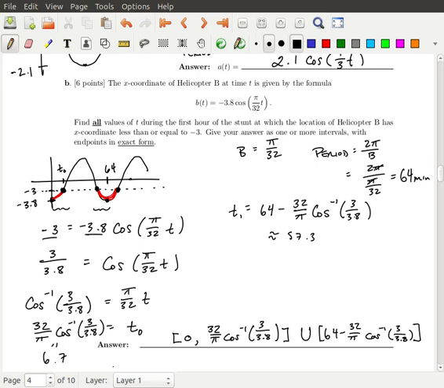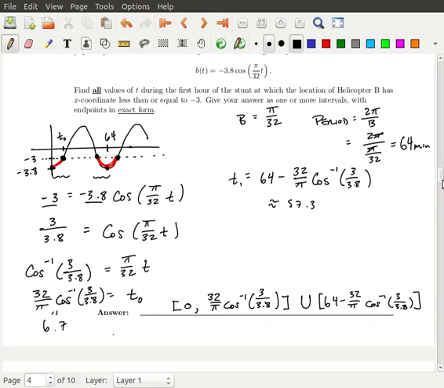If I had to pin down the most important aspects of this problem, it's using inverse cosine, or really using inverse trig. That always comes up on the first exam, and using the period to come up with this symmetry. You find the first point using inverse cosine, and the second point comes from period minus the first point.